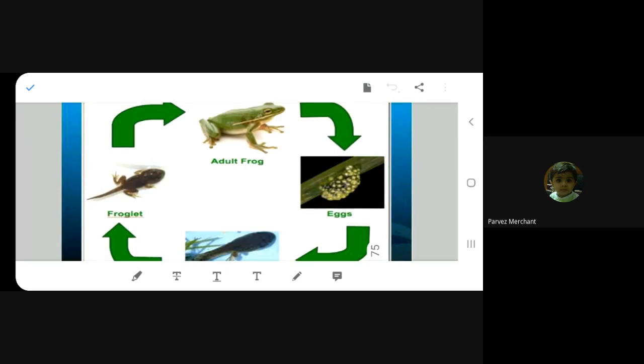Okay, can you tell me examples of internal fertilization and external fertilization? Frog. Which type of fertilization? Frog is external. And fish is external.